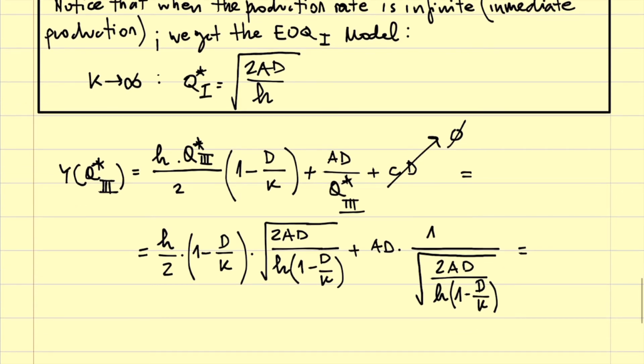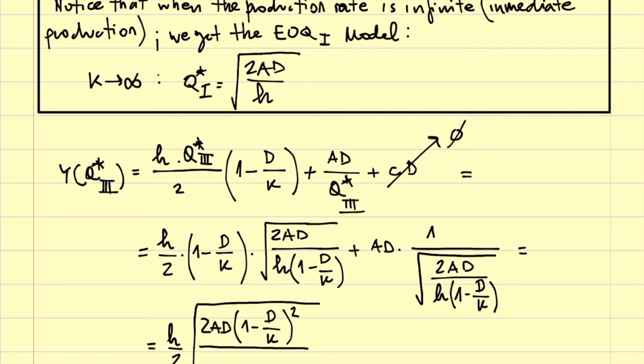And this equals H divided by 2 times, I bring this into the square root 2AD times 1 minus D divided by K squared divided by H times 1 minus D divided by K plus AD, or let me bring AD into the square, I guess.